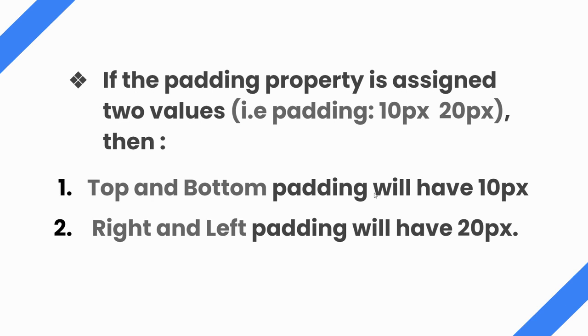The two values in this padding property affect them in a group manner. The top and the bottom are assigned the first value, then the right and the left are assigned the second value. Using these two values gives you the power to have a particular padding for the top and the bottom, and a different padding on the left and the right.